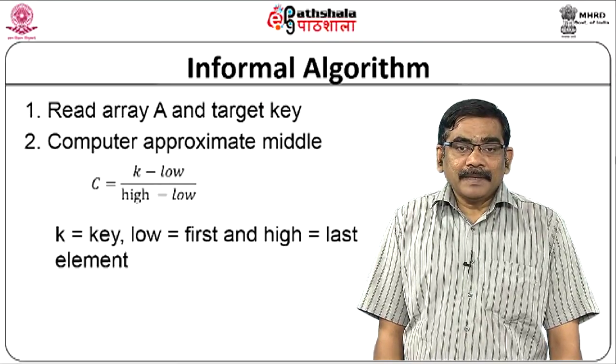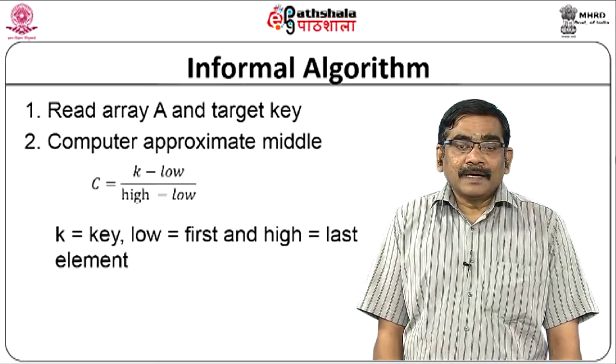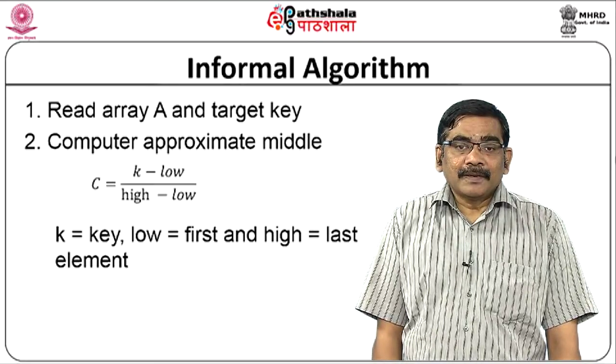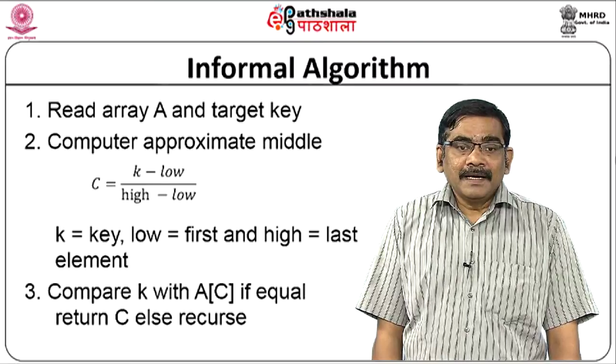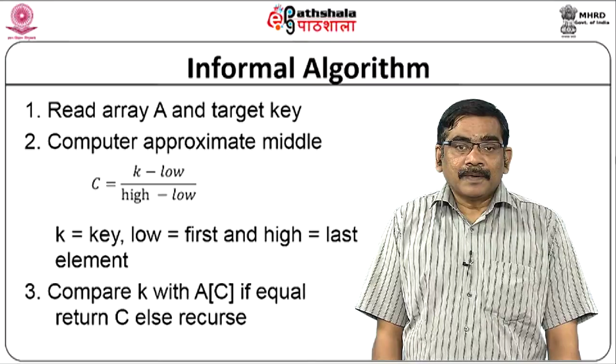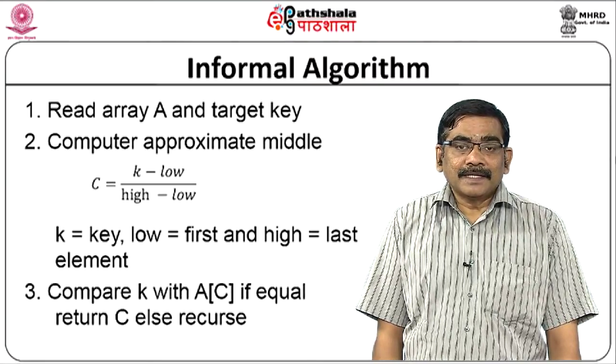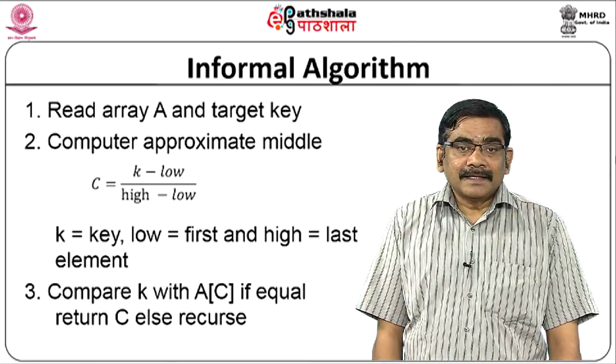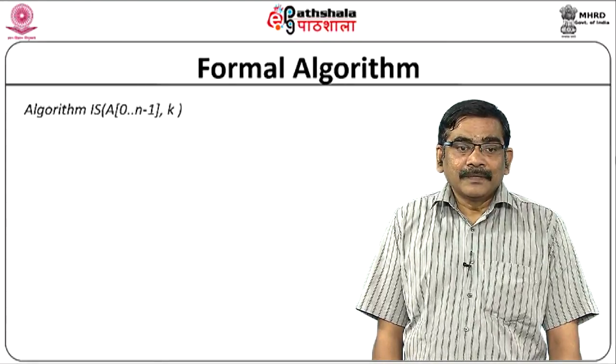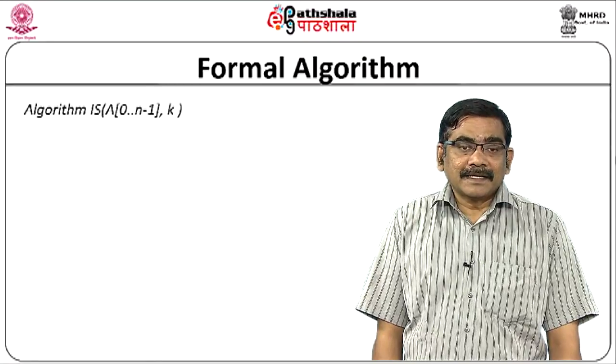Once the approximate middle is obtained, the problem is similar to binary search. Now, you compare your target with the approximate middle, and if the target is equal to the approximate middle, the problem is solved. So, we return the central element of the list as the answer. Otherwise, we recurse on the first half, or otherwise the second half.